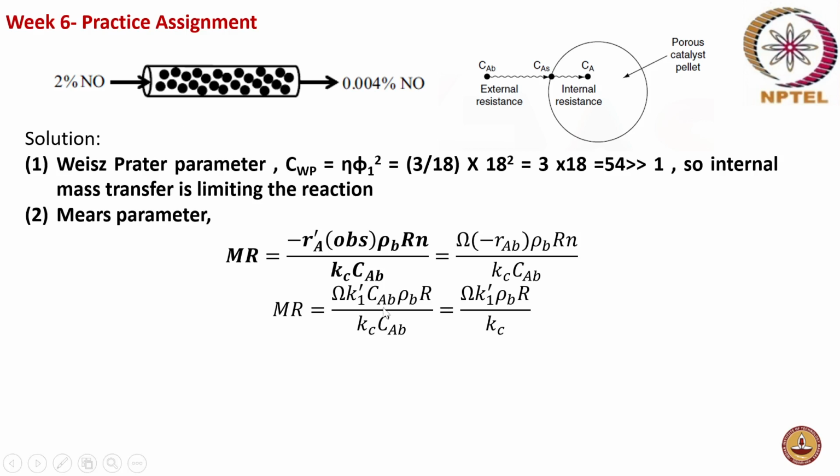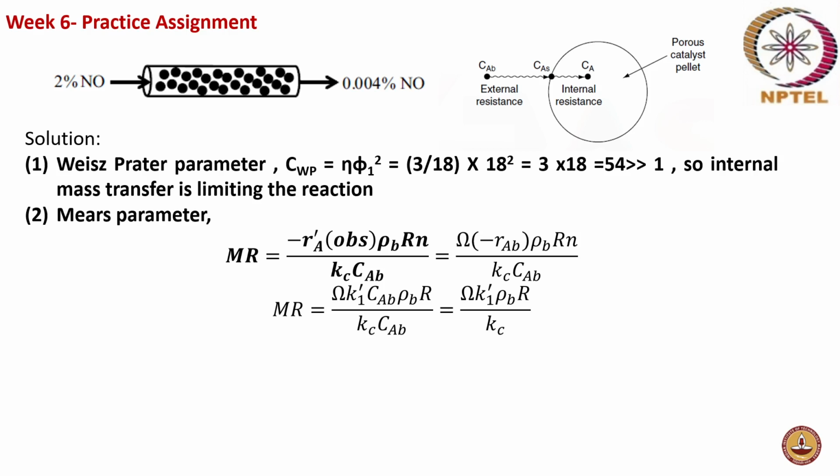The CAB in the numerator and denominator cancels, and you end up with the Mears parameter as omega multiplied by K1 prime into rho B into R by Kc.